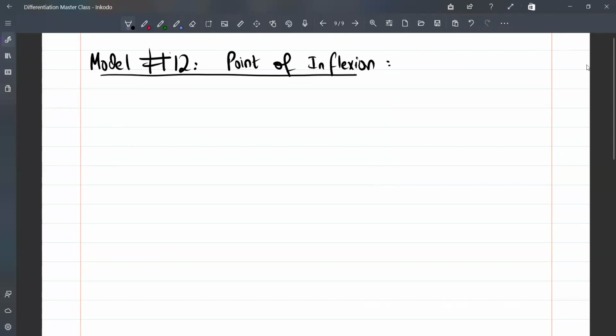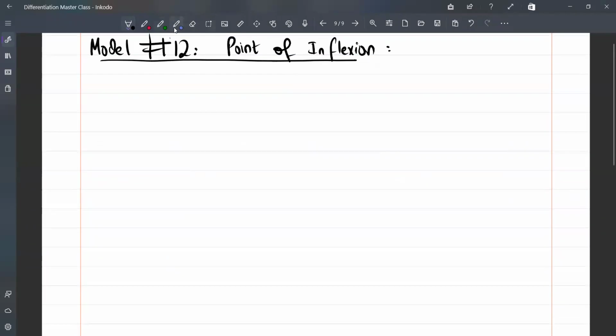All right. Point of inflection exists when d square y upon dx square is equal to 0. There is a possibility that it might be a point of inflection. Now let's study it.